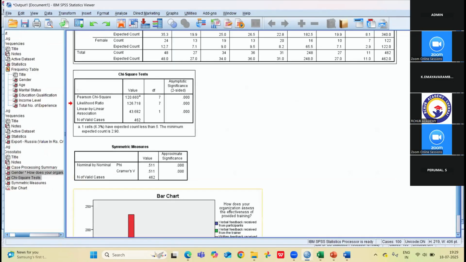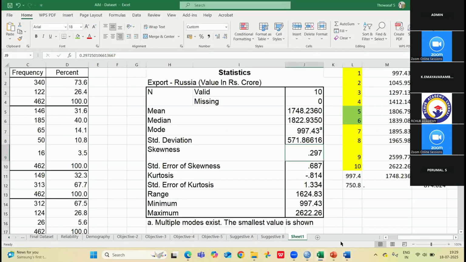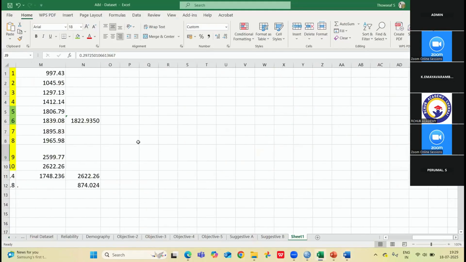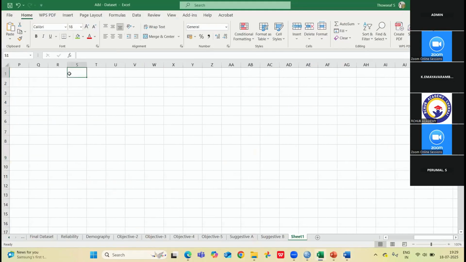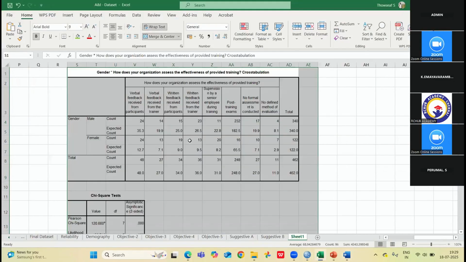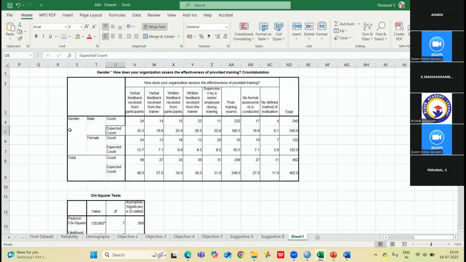I have applied even the diagrammatic representation, but this is the output I have received. Obviously, for chi-square, you will have observed reading versus expected reading. But I don't want to go on with the expected reading, because the observed reading is very important.